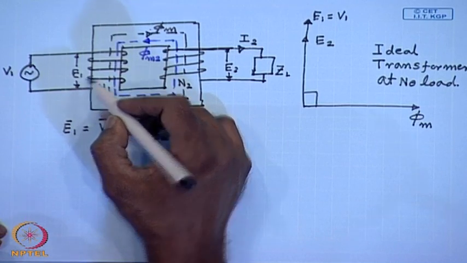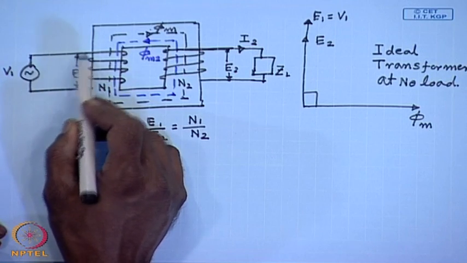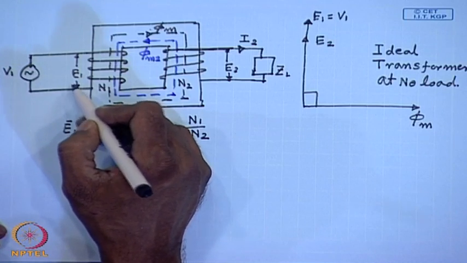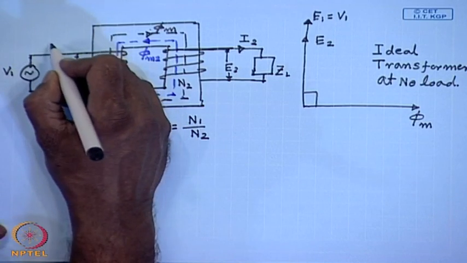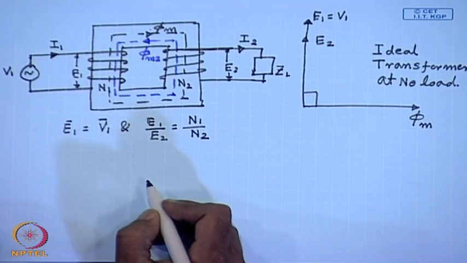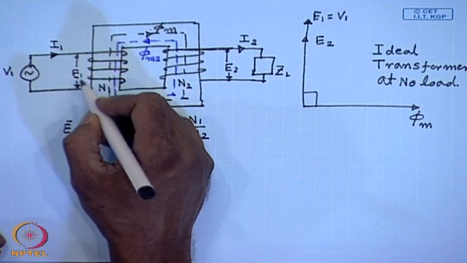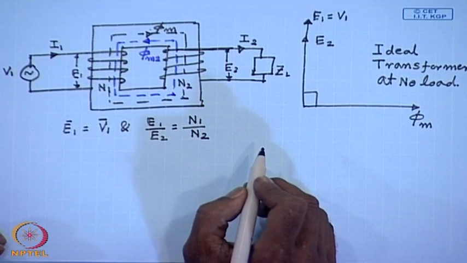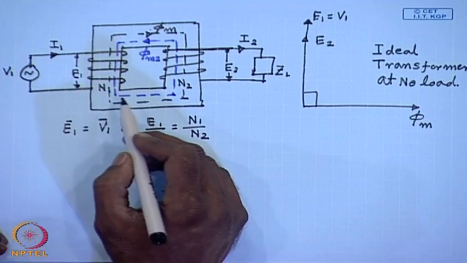However, since there is no impedance between the applied voltage and the coil, there will be current drawn from the source V1 of such magnitude that the induced voltage across coil 1 always balances the applied voltage V1, otherwise this current will keep on increasing.